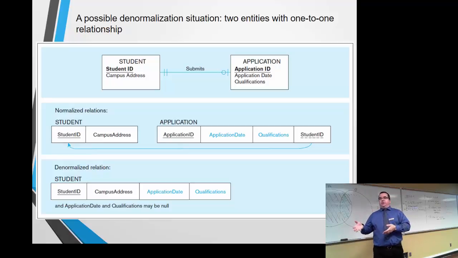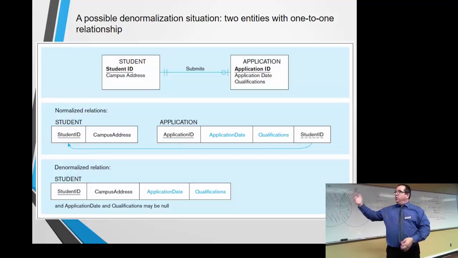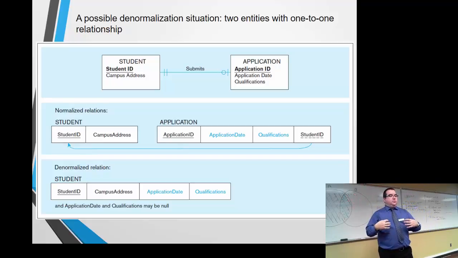It's one application and 3 choices. So in this case, each student gets 1 application. If you were going to denormalize it, you'd take their application date and their qualifications and put it all as part of the student record. That means you don't need to do a join, you don't need to do a table lookup, it's all in one place. Sometimes it's better to denormalize your data just to make things simpler.